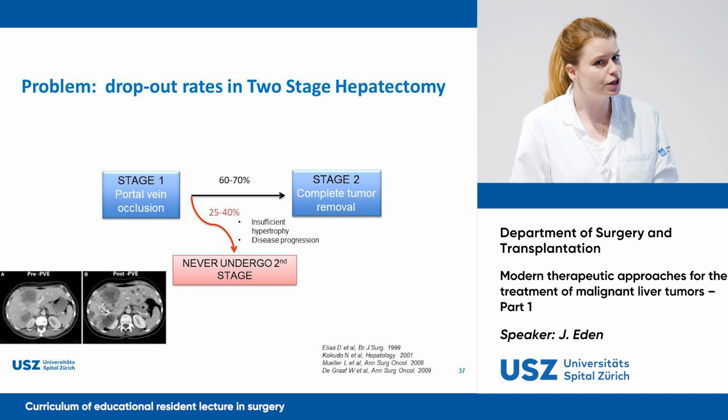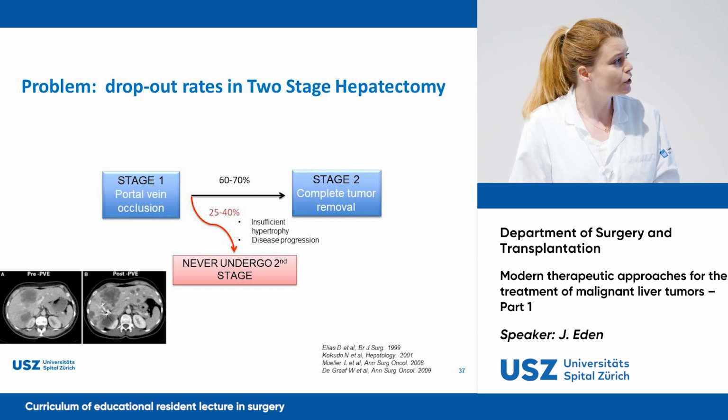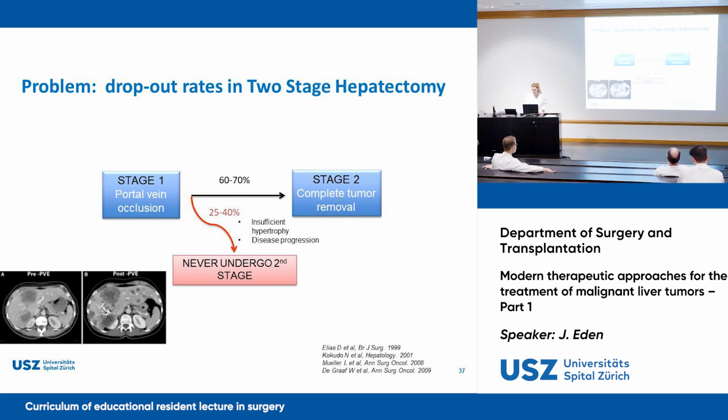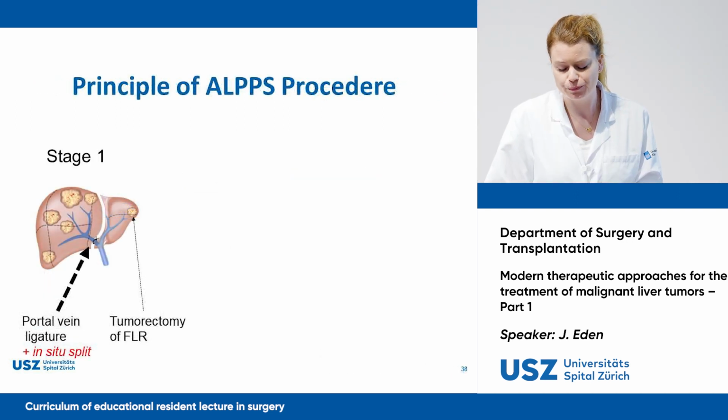And that is due to insufficient hypertrophy, one, and disease progression. And so these patients will never undergo stage 2 and never will have the curative surgery. And that is exactly why we will talk about a modification of the procedure that was actually discovered by coincidence, and it's called the ALPS procedure.